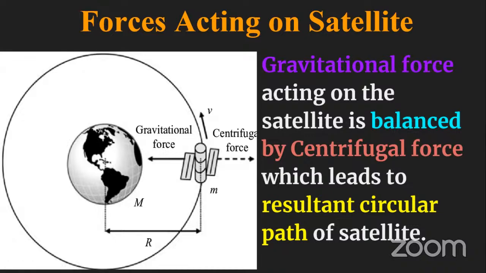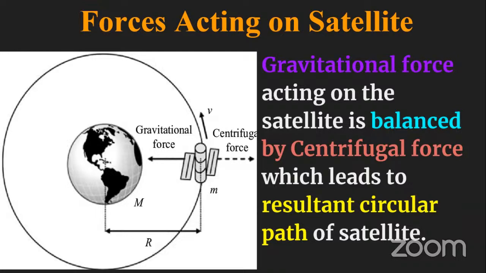We'll try to understand why the path is circular, or to be more precise, elliptical. A circle is a special case of an ellipse. So why is the orbit not square or hexagonal or pentagonal or any random shape? Why is it only circular? This is what we'll try to understand.